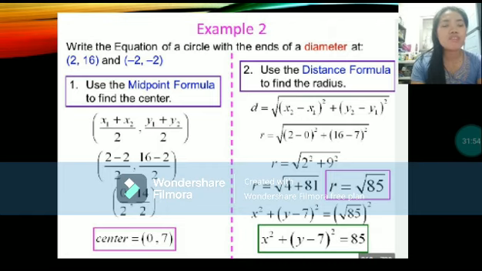There's another way of solving for the radius directly because we already know the center, (0, 7). We're going to use the distance formula between (0, 7) and any of the points given at the diameter. But to be safe, when solving problems like this, we need to always manipulate what is given. Because what if the one that we have solved, for example using the midpoint formula, already has errors in it?